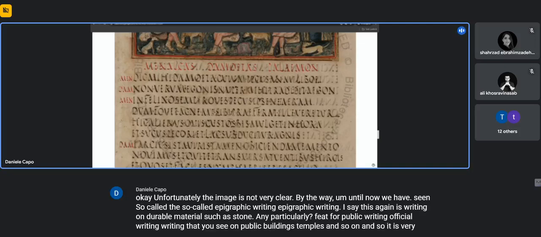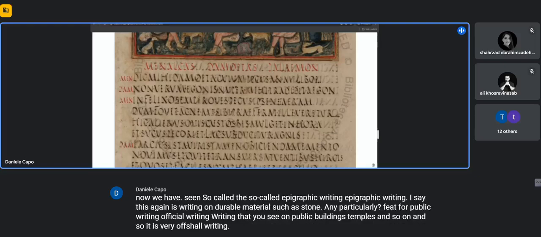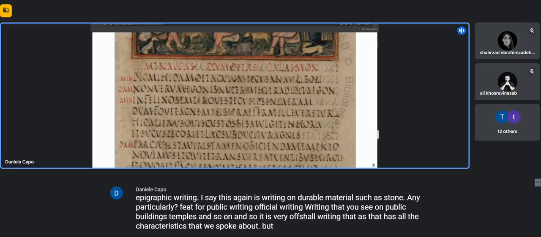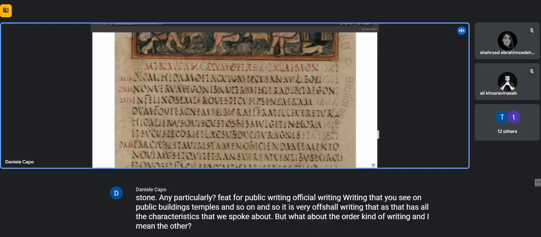So it is a very official writing that has all the characteristics that we spoke about. But what about the other kind of writing? And I mean the other uses of writing.